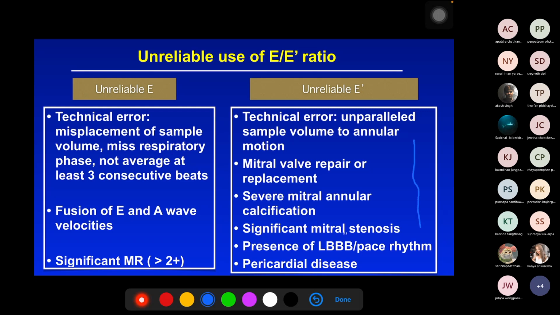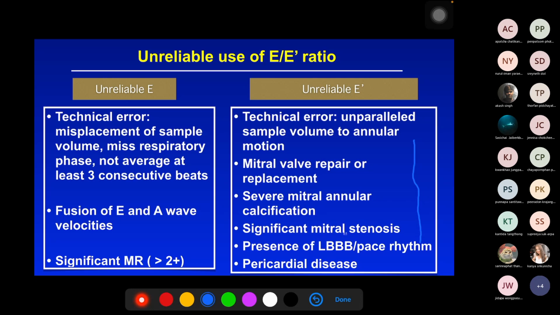And you should remember that unreliable E prime is caused by, one, technical error, and second, patients who have mitral valve repair. For a patient who has mitral valve repair with an artificial annulus, the annulus of the mitral valve is locked.